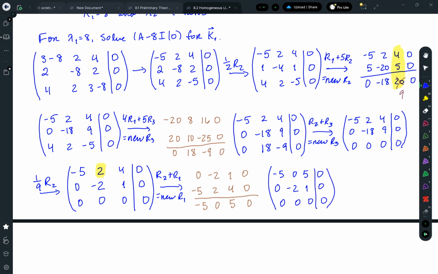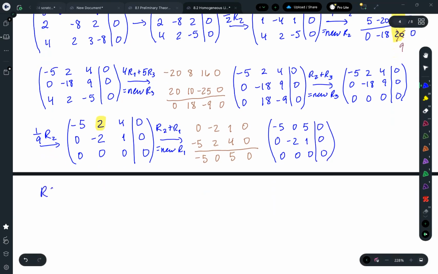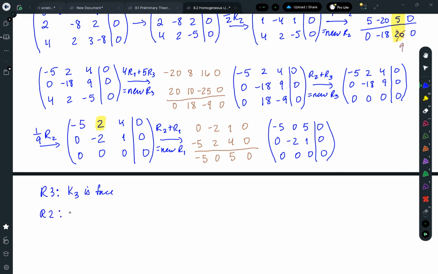Okay, finally, row 3, what that's saying is that K3 is free. Row 2 is saying negative 2 K2 is equal to a negative K3. So K2 is equal to 1/2 K3.